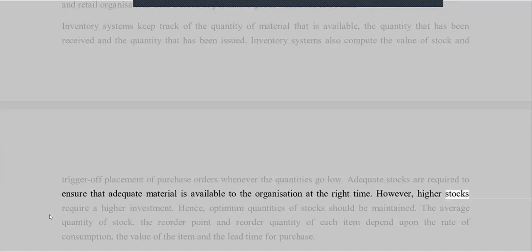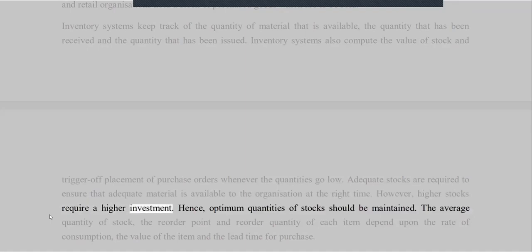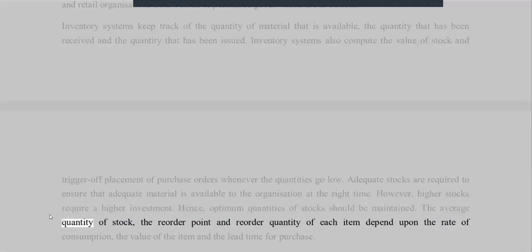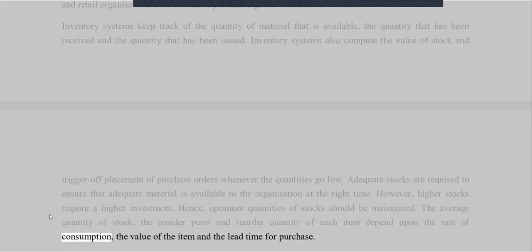However, higher stocks require a higher investment. Hence, optimum quantities of stocks should be maintained. The average quantity of stock, the reorder point and reorder quantity of each item depend upon the rate of consumption, the value of the item and the lead time for purchase.